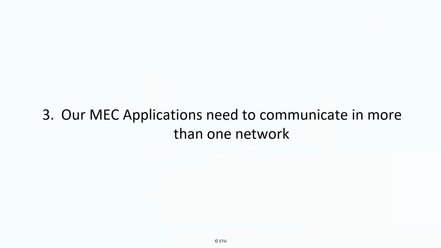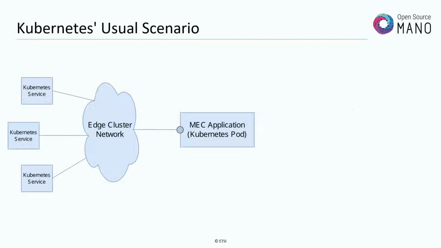So another difference since last year's presentation is that our MEC applications now need to communicate in more than one network. What I mean by this is that, if you have already used Kubernetes and installed Kubernetes pods, you might have noticed that your pods only have one network interface.